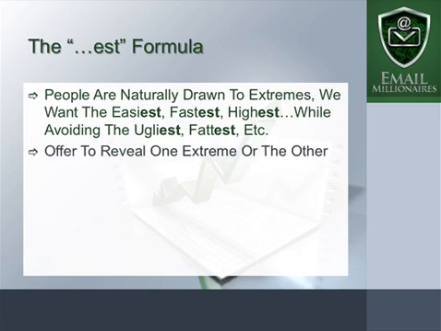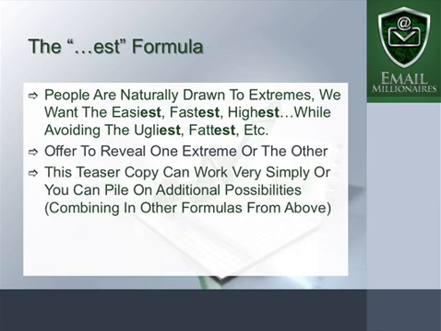Here we're going to offer to reveal one extreme or the other. Again, it's human nature to want to get something easier, faster, and with less effort, especially in today's instant gratification driven society. You can make this teaser copy work very simply, or you can pile on additional possibilities, combining in other formulas that we've already talked about.